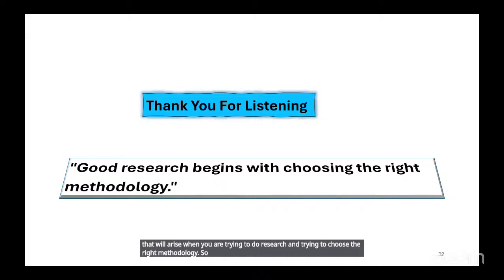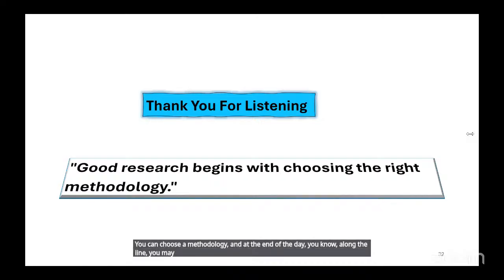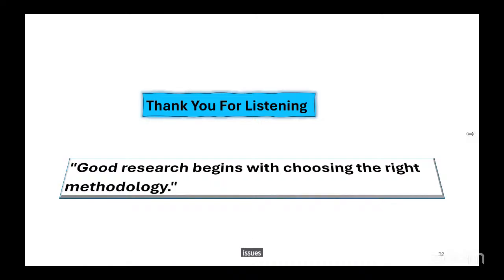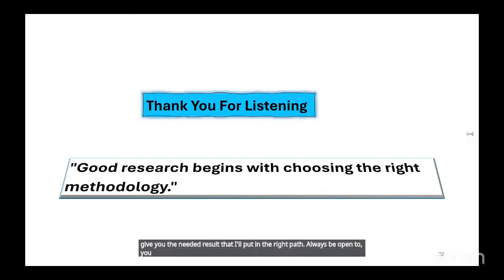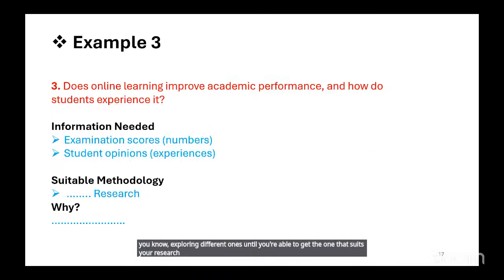So what I would say is don't be scared to make the wrong step at first. You can choose a methodology, and along the line you may run into issues, and you may find yourself looking for a better methodology that will give you the needed result, or that will put you on the right path. Always be open to exploring different ones until you get the one that suits the kind of research you want to do.